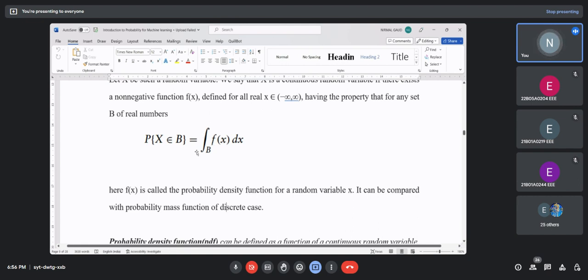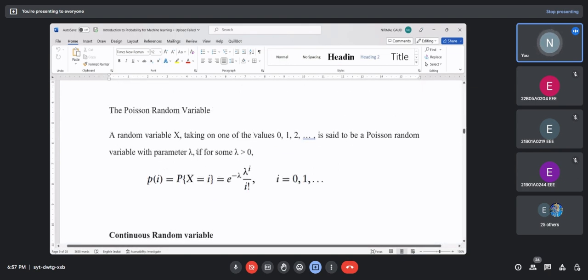Why am I performing the integration? The reason is I can have any number of values between the range, between those particular limits. That is why I need to perform the integration over this particular function. In case of discrete values that was not the case. In case of discrete values, I am having 0, 1, 2.